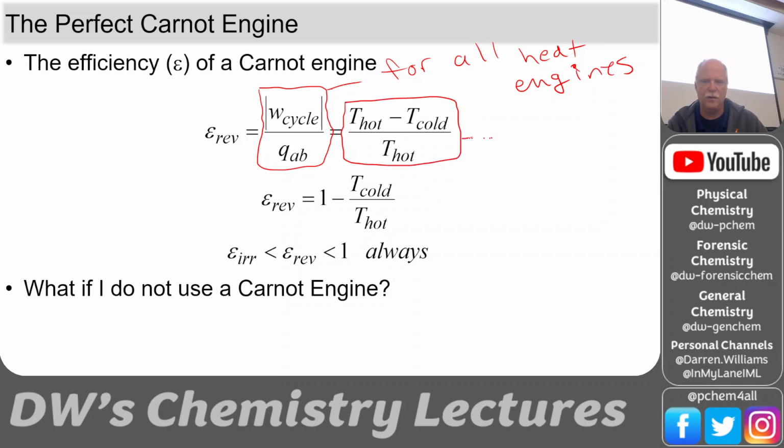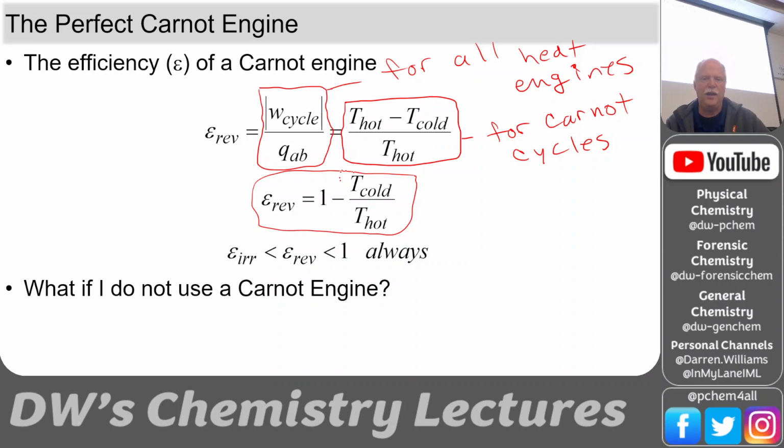So you can divide this denominator in two, and so you can have the T hot over T hot is 1. So this is just a simpler way to do it.